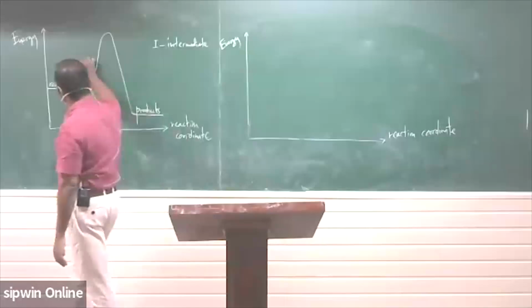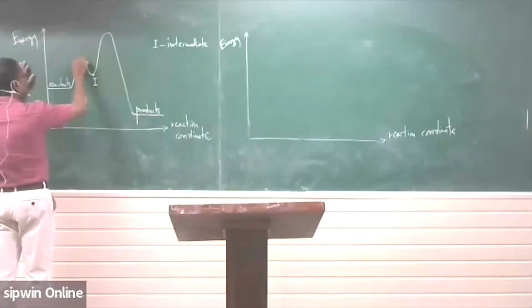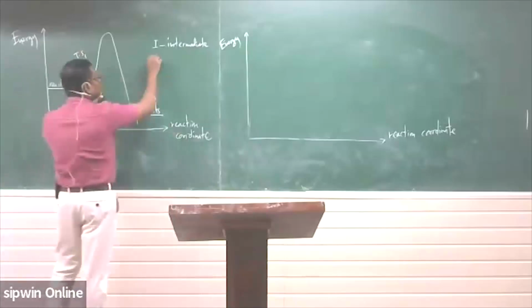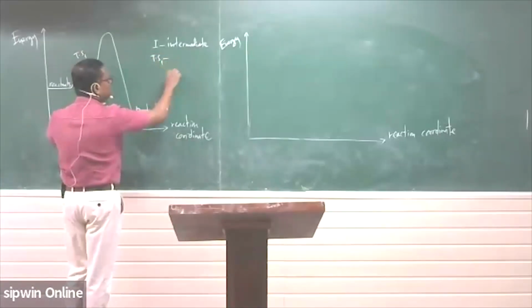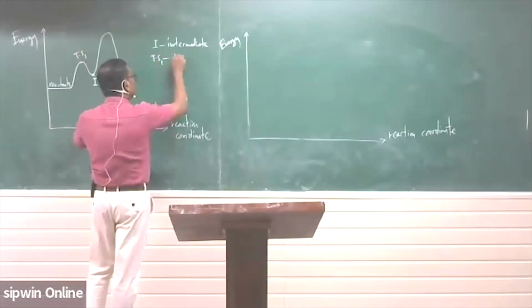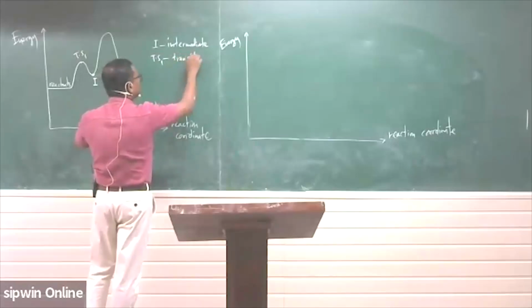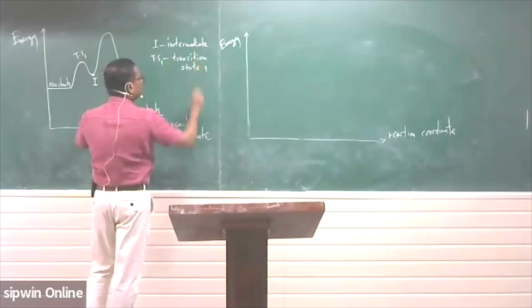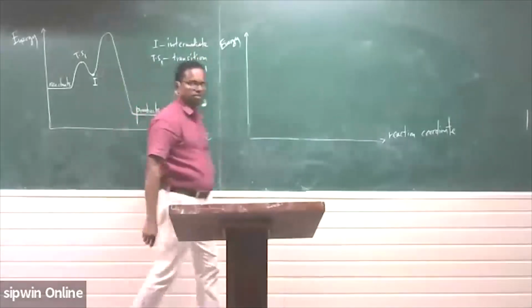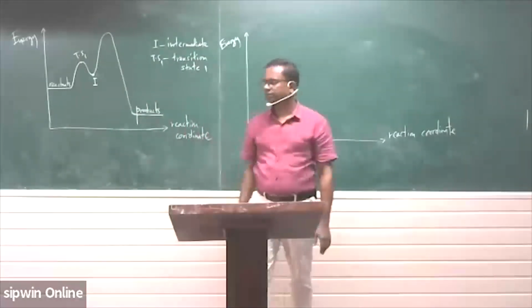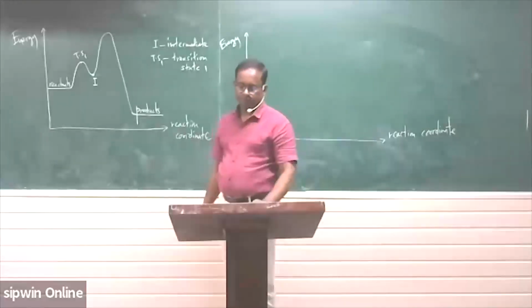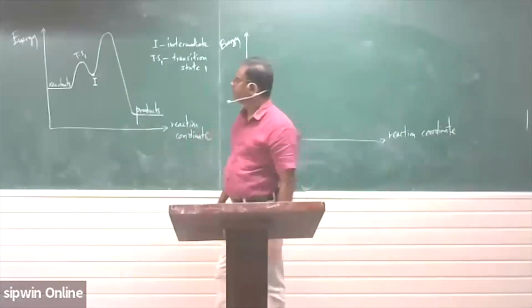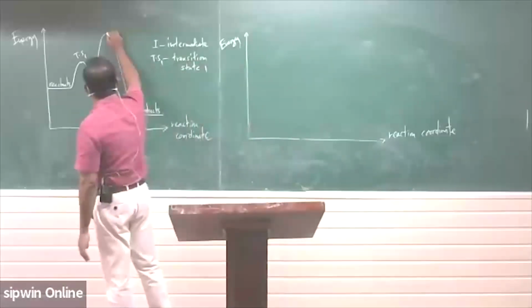This place activated complex, so I will mark that one as TS1. TS1 mean transition state 1. First transition state. TS1. Right? Then this one, TS2.